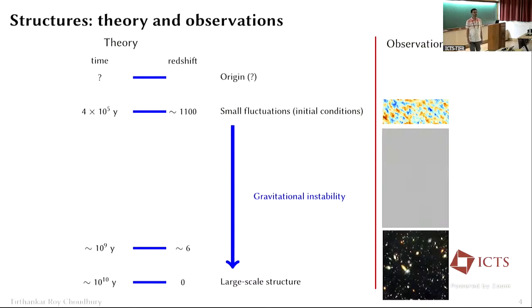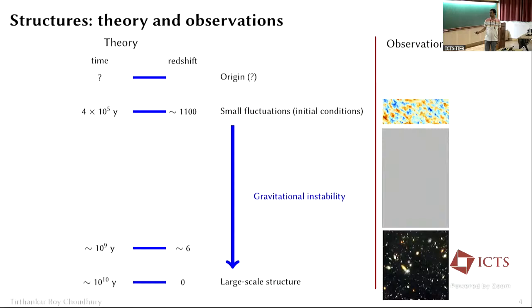Again, to set the timeline here, what happens is, at very early times, we don't know when, we don't know the mechanism, these small structures were formed in our universe. They originated from some small seed fluctuation. What we see for the first time is when the universe was 400,000 years old, the corresponding redshift being somewhere around 1100, we see these small fluctuations in the CMB.